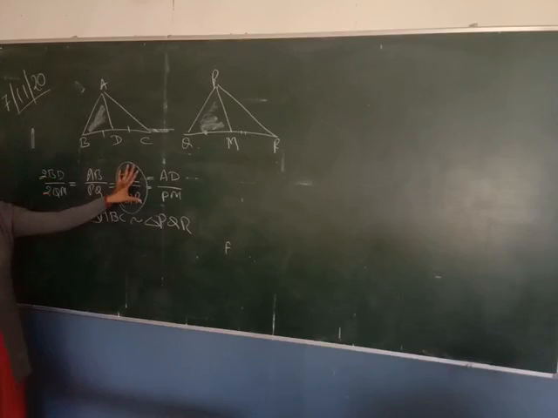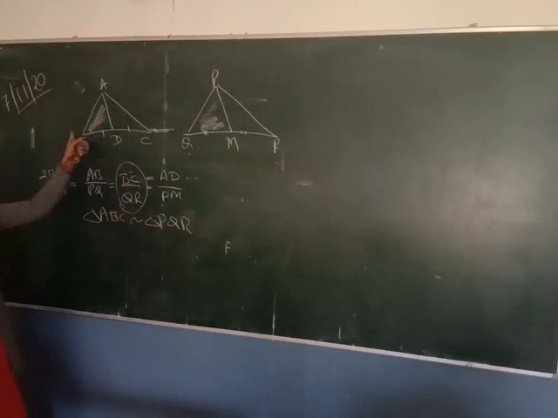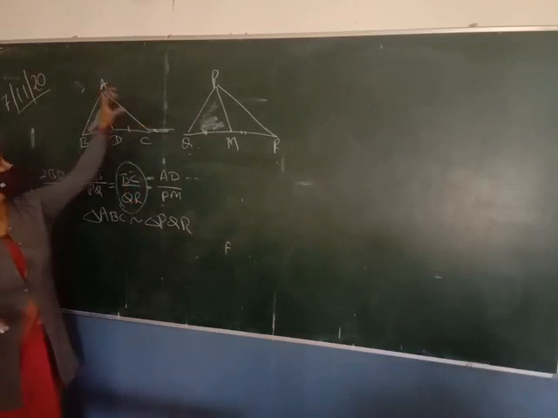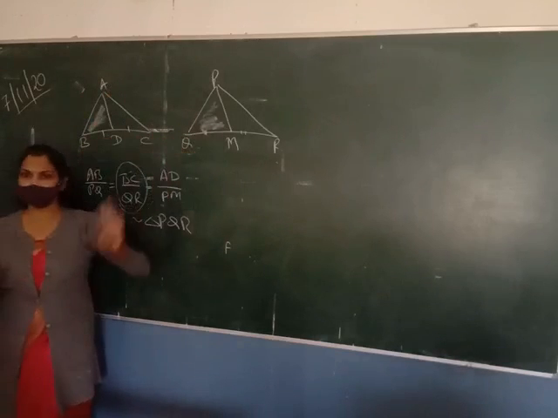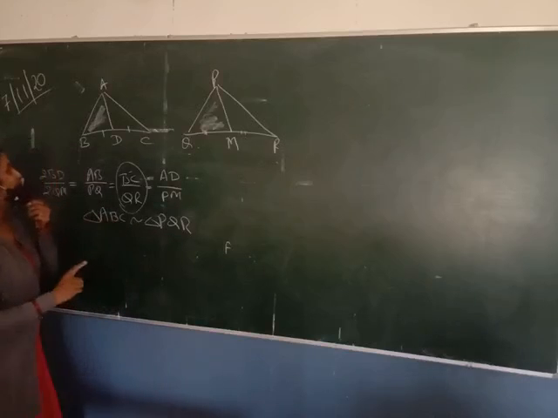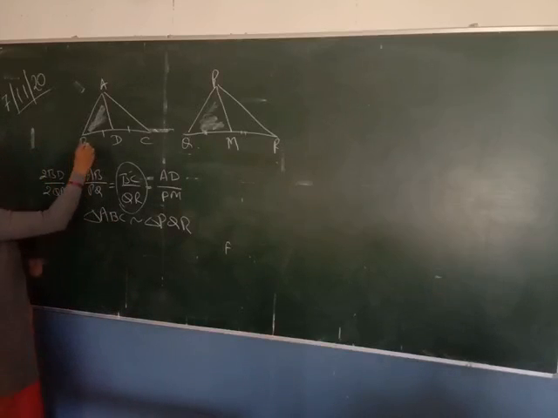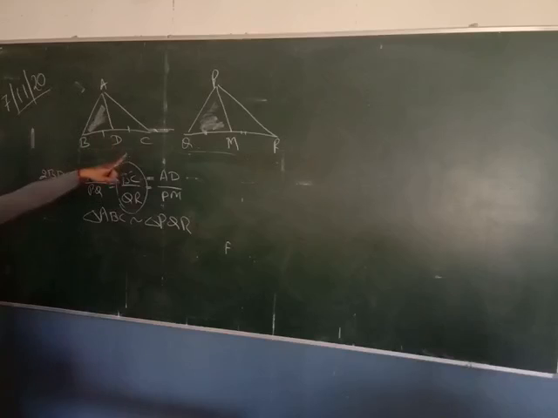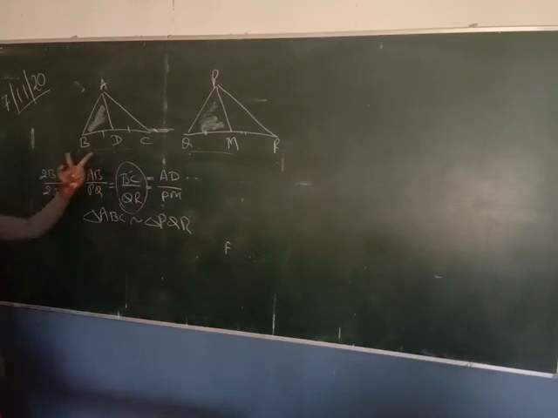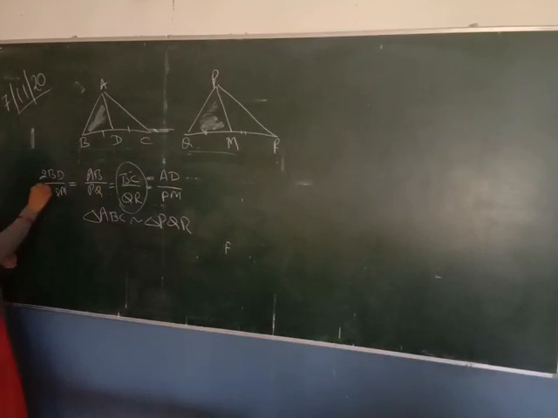So which triangle will be similar? Let's understand once again. You know that AB upon PQ is equal to AD upon PM, which is given. If we get the third side ratio, both triangles can be similar. We get the other side because BC upon QR is given in ratio. Since D and M are the midpoints, we can write BC as 2BD and QR as 2QM, and if we cancel 2 with 2... Ritika, what are you doing in your notebook?